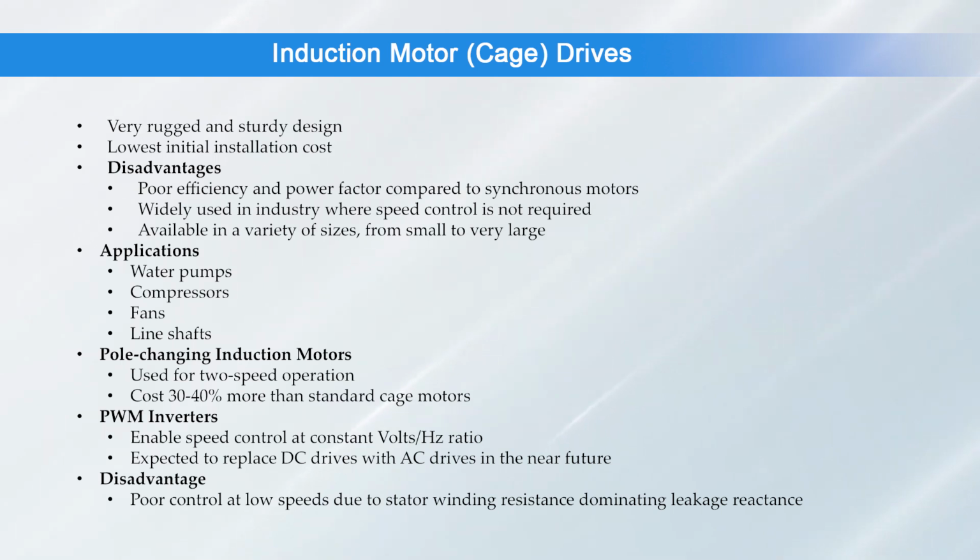The disadvantage of this type lies in poor control at low speeds because of stator winding resistance dominating over leakage reactance. This we have already seen when we discussed the AC machines.